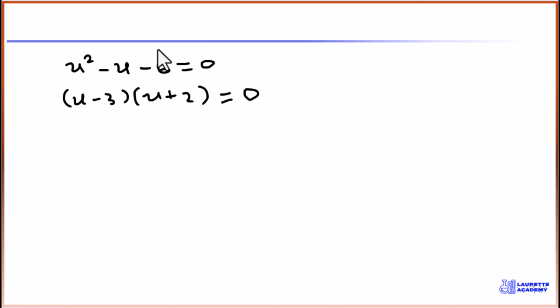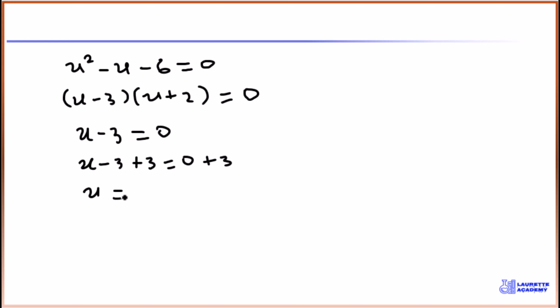When we set these factors individually to 0, we have that u minus 3 is equal to 0. We add 3 to both sides of the equation. We have u minus 3 plus 3 is equal to 0 plus 3. U minus 3 plus 3 is 0, and so we end up with u equals 3.